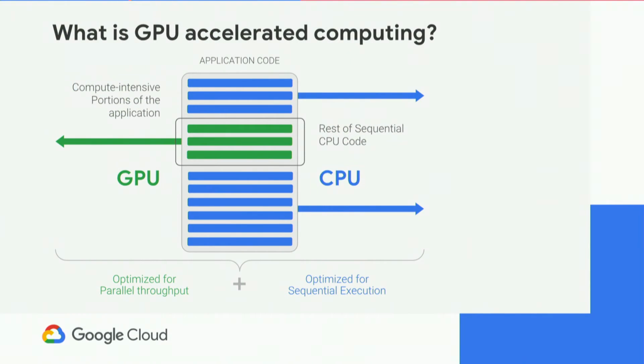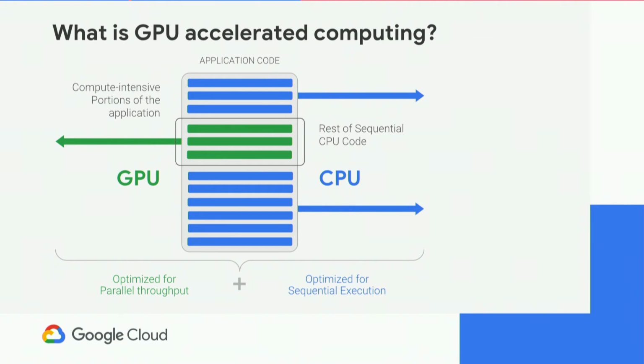So how does GPU accelerated compute work? Well, you take some application code. It could be written in Python, C++, TensorFlow, anything you want. All that code mostly runs on the CPU. The CPU does things sequentially, one after the other, with some if-then logic. But what if your application code has a bunch of math it wants to do?